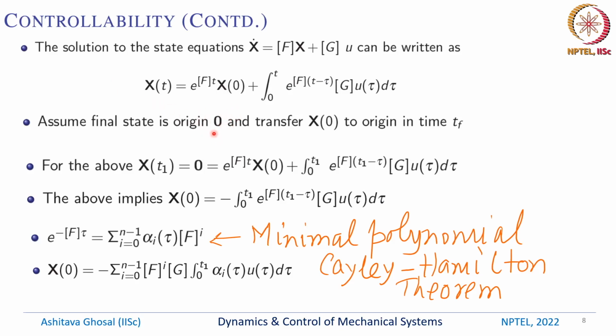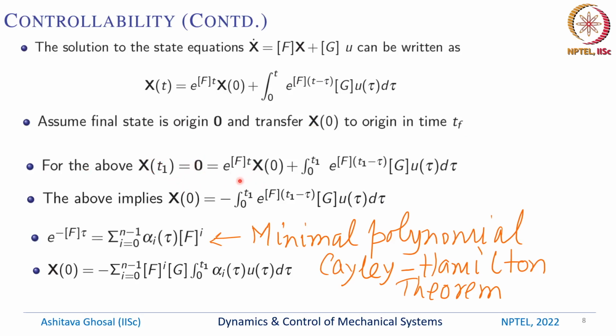So the final state is 0, and we want to transfer from some initial x of 0 at t equals 0 to the origin in time t1.